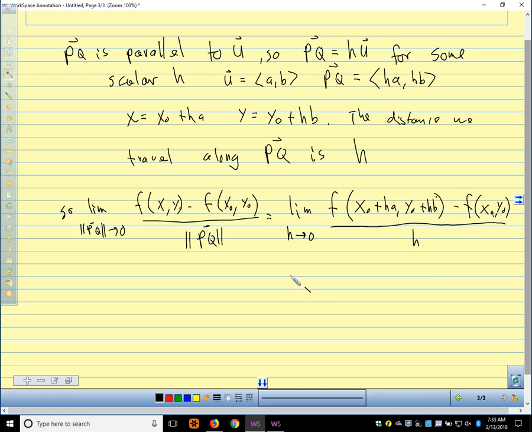This quantity is going to be our definition of the directional derivative.